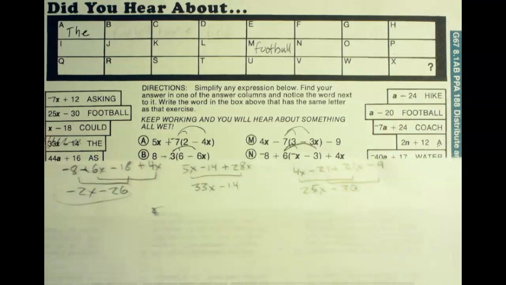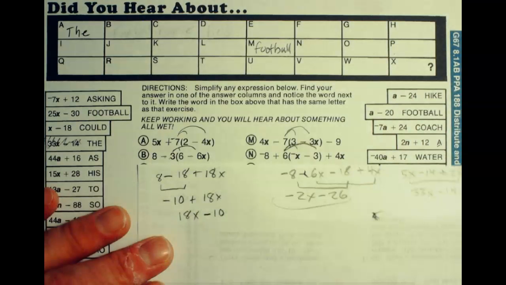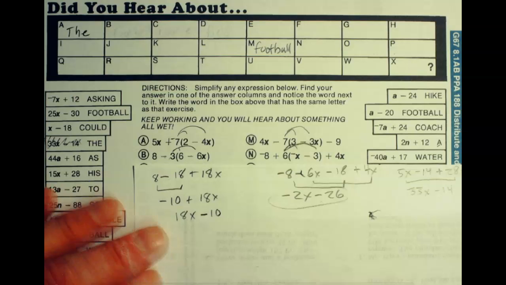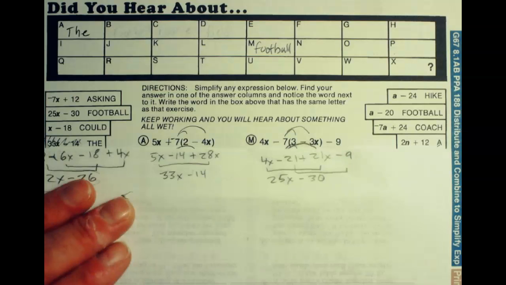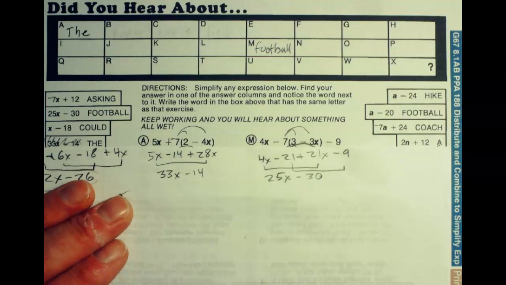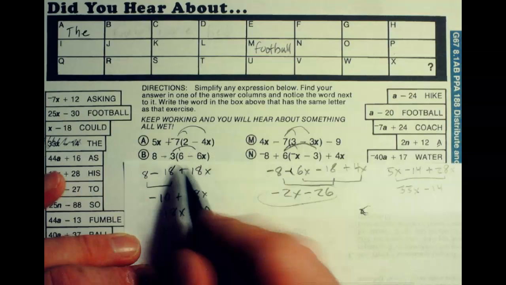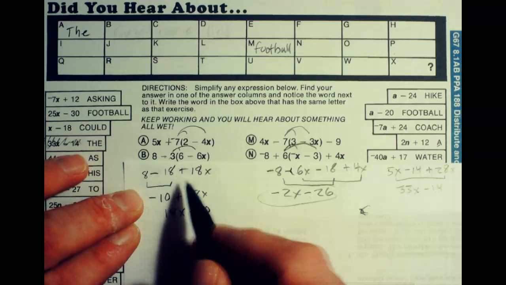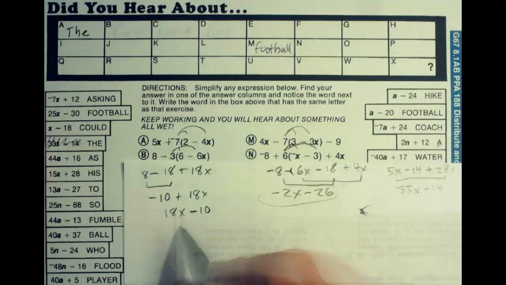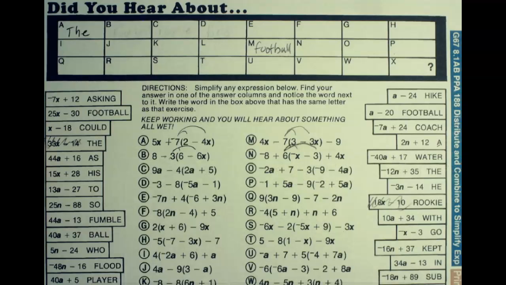The next one then, I did these two here. Okay, so this guy here, this is B, and so B was 18x minus 10. That's the rookie.